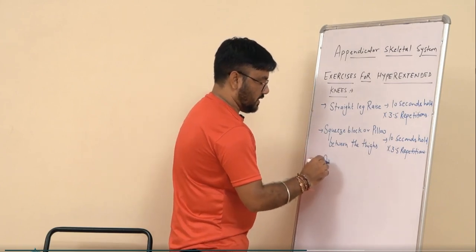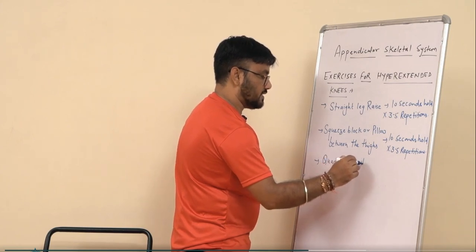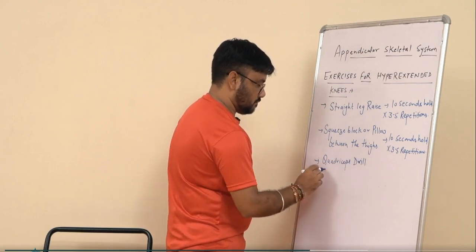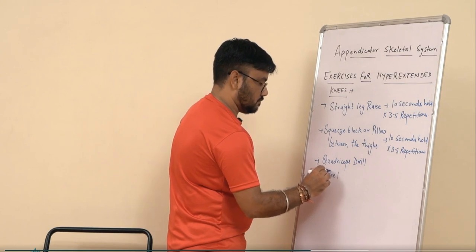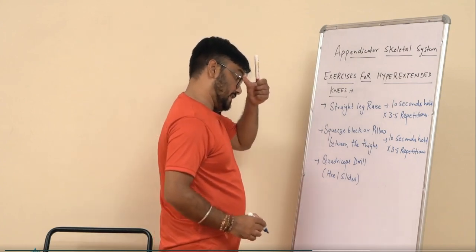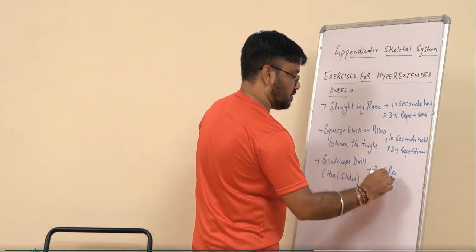The quadriceps drill that we call heel slides. 3 to 5 repetitions.